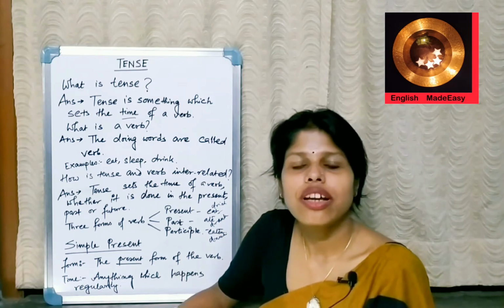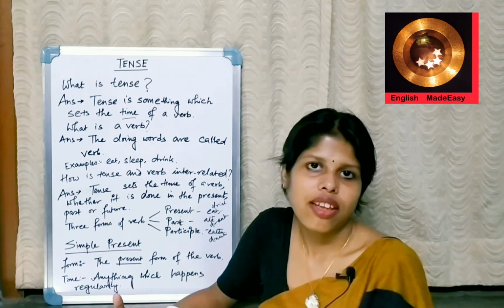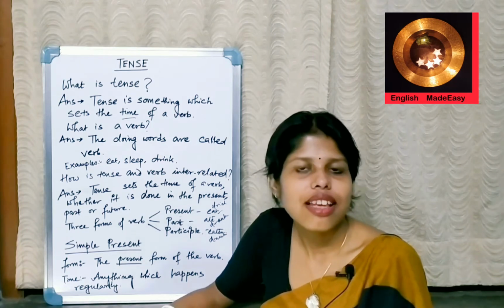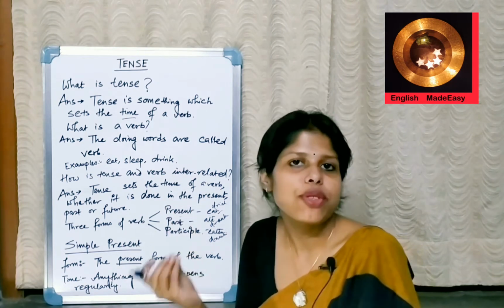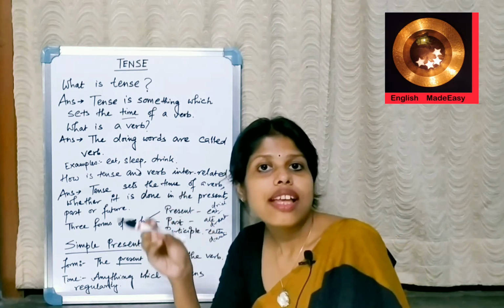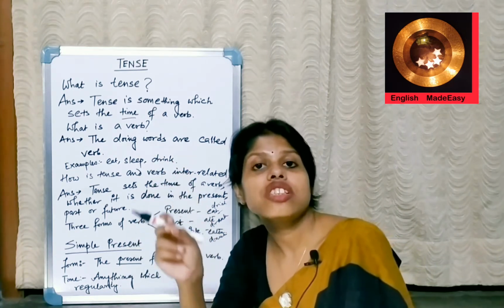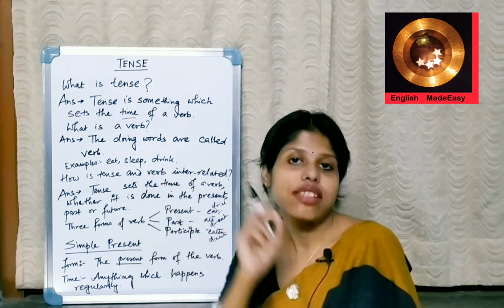First, just go through the three forms of verb. There are few verbs which never change their forms, like cut, cut, cut. And now you have to know how tense changes the three forms of verb accordingly.